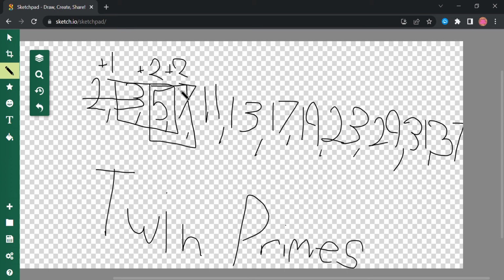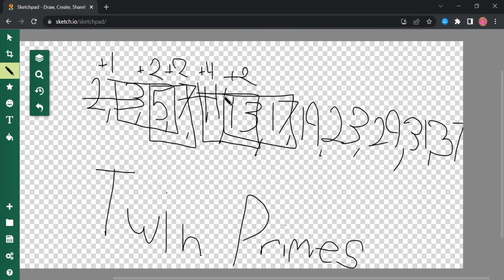But 7 to 11 is plus 4, so this would not be one. But 5 to 7 would be. 11 to 13 is also plus 2.